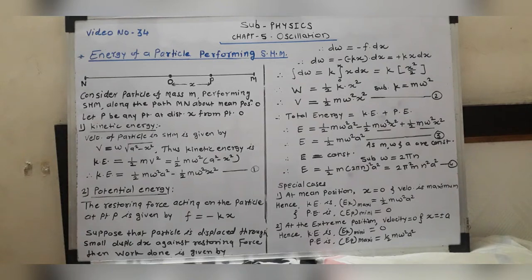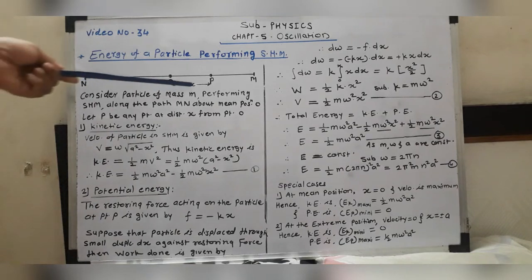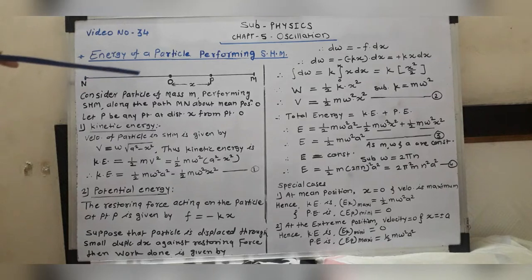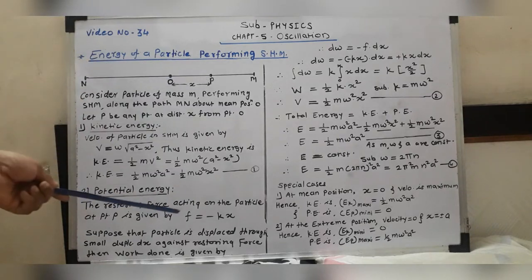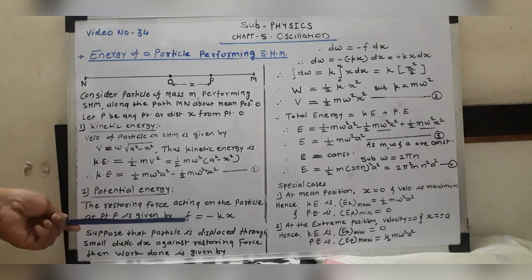Now we have to find out the potential energy. To find out this potential energy, we consider the restoring force acting on the particle at point P, which is given by the relation F is equal to minus kx, where k is the force constant and the negative sign indicates that this force and the displacement are opposite to each other.